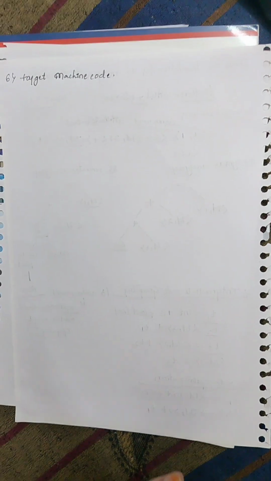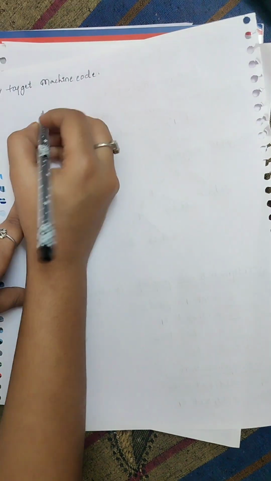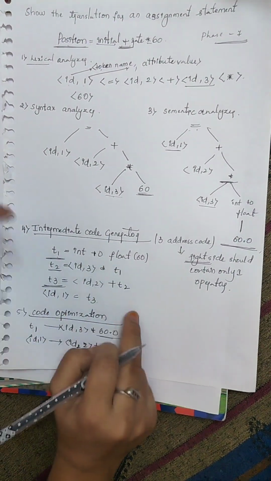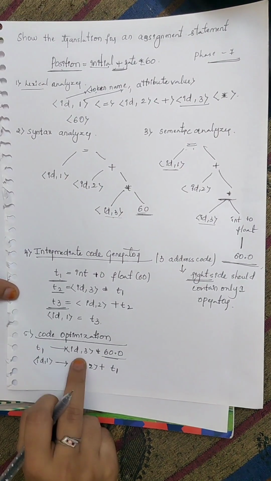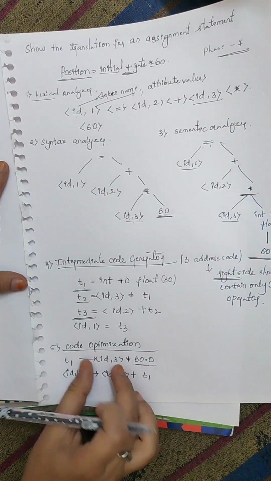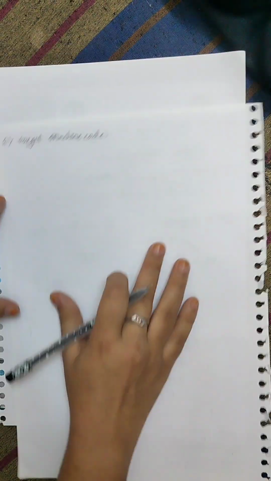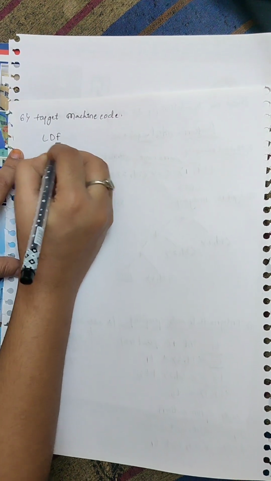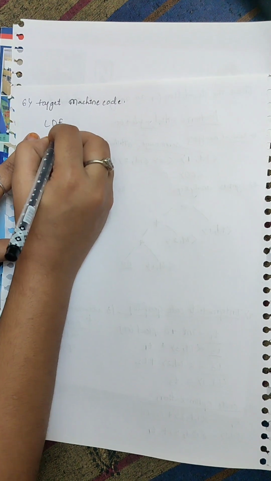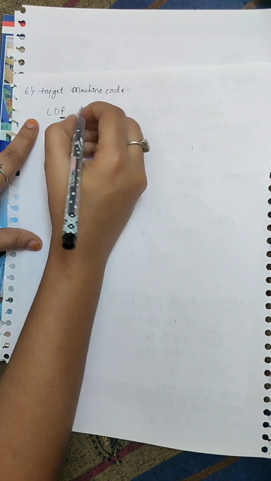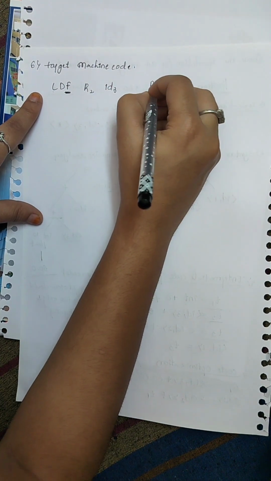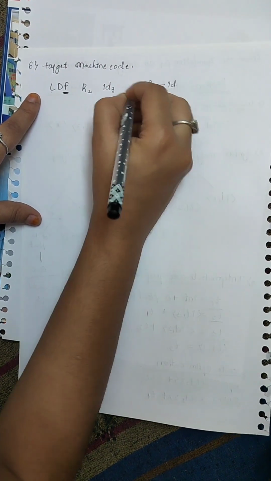First we load the t1 value, which is id3. We want to load the id3 value with the load operation. Since it is a floating value, we write LDF, load floating. Here R2 = id3.